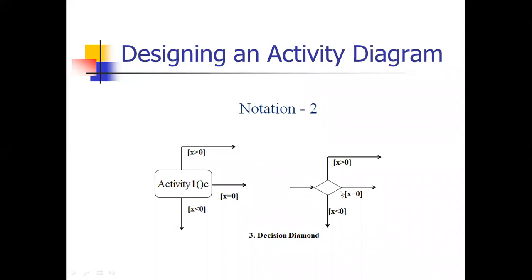Here you can see the decision diamond. It produces some result. If that condition is satisfied, it will move further, or it will directly go to the end of the activity, or it will go back to the previous activity. So this is the notation for the decision diamond or condition box.